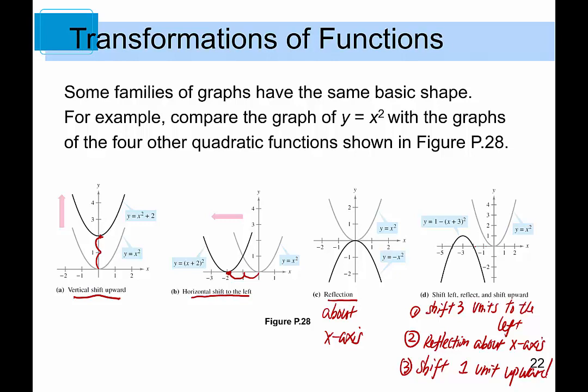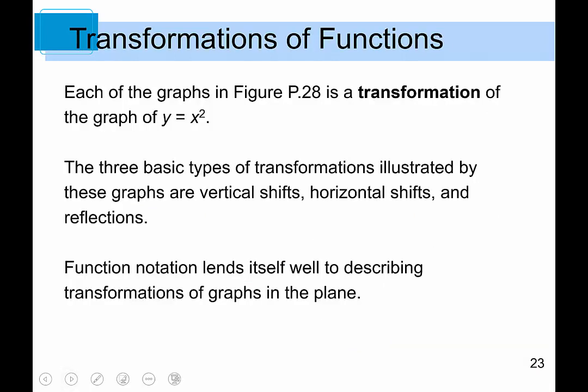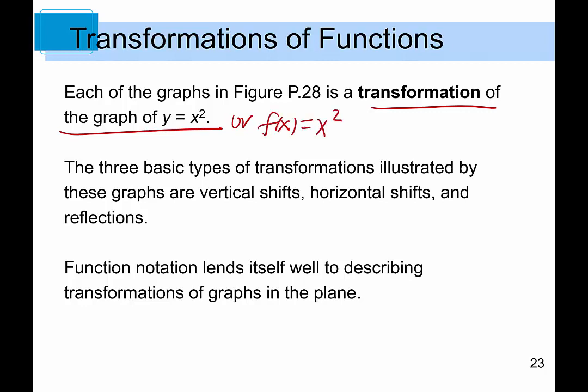Once you perform all these 3 transformations, you reach the new graph, which is in black. So this is a typical transformation on a graph for the function x squared, or f of x squared.